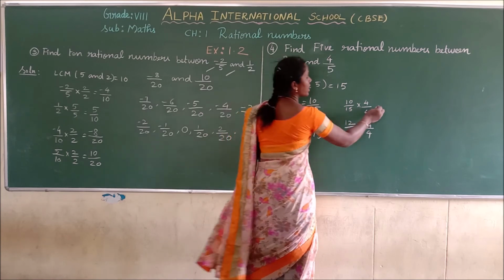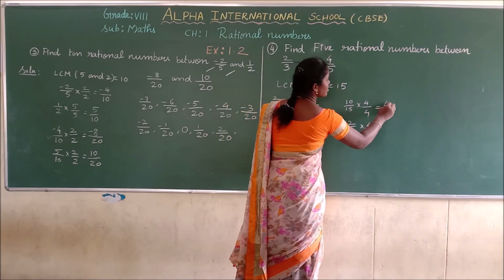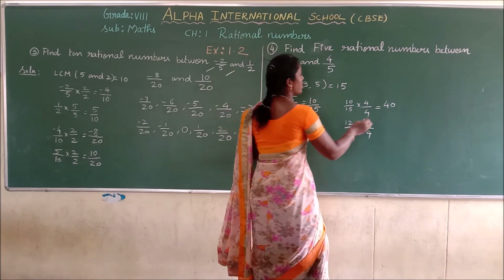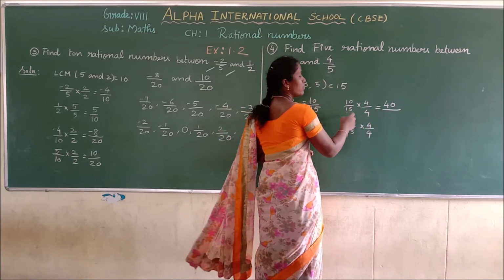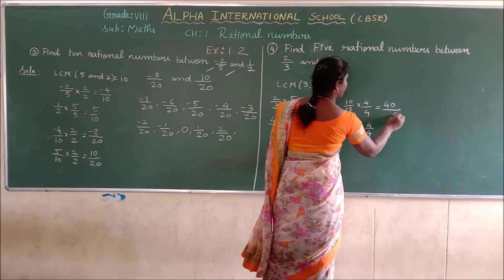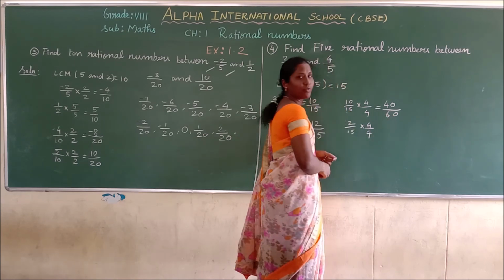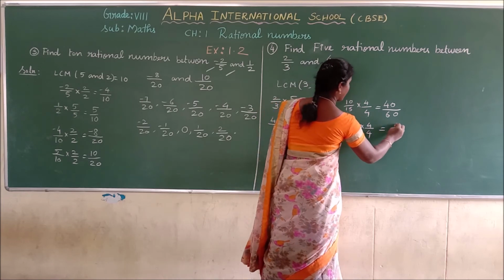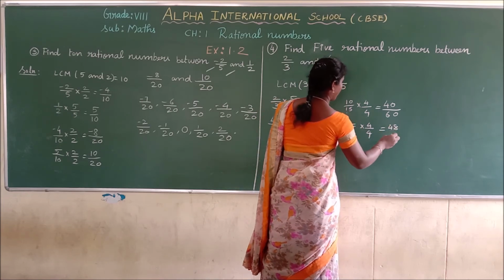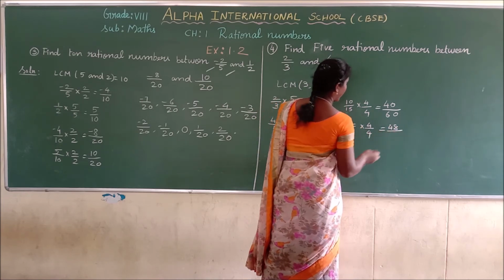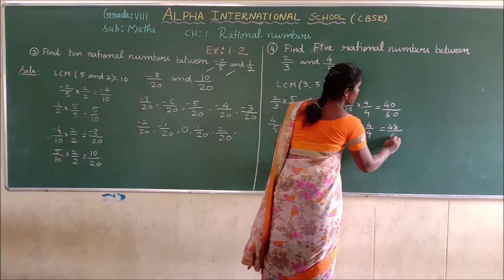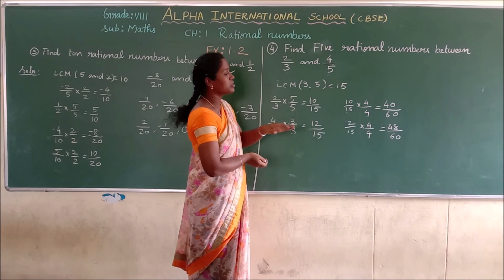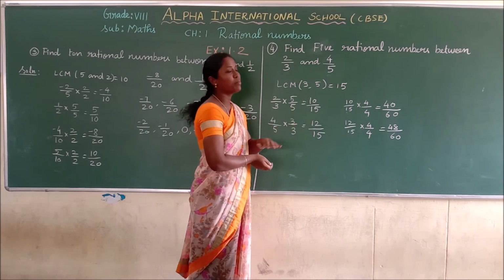What is the number you are going to get? 10 into 4 is 40, and 15 into 4 is 60. So 40 by 60. Again 12 into 4 is 48, and here 15 into 4 is 60. So what interval are we getting? 40 by 60 and 48 by 60.